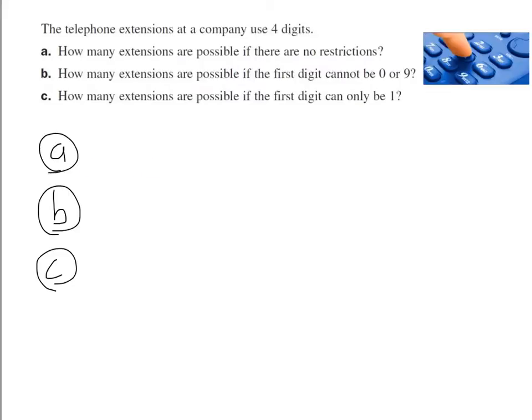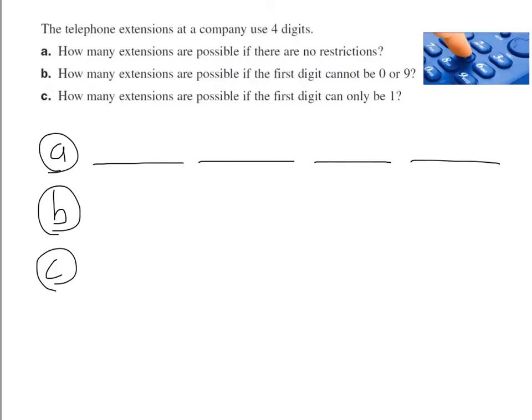Actually draw a line that represents each slot, each entry into the extension. So what I've done here is this will be the first digit, this will be the second digit, this will be the third, and this will be the fourth. Each one of these lines represents what number it could possibly be.